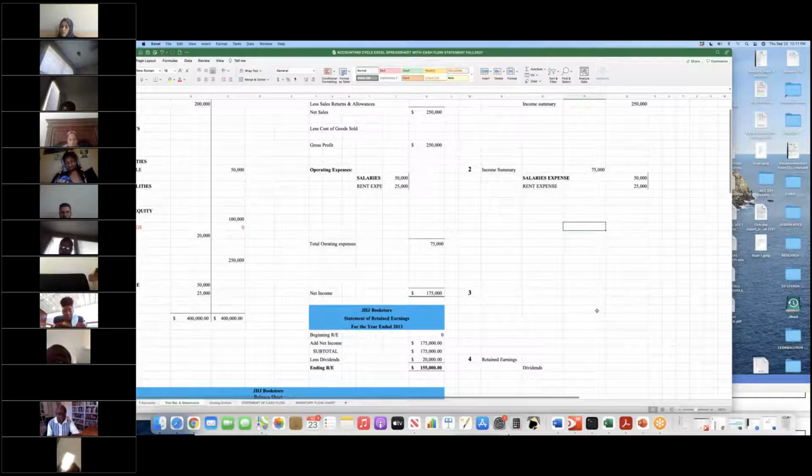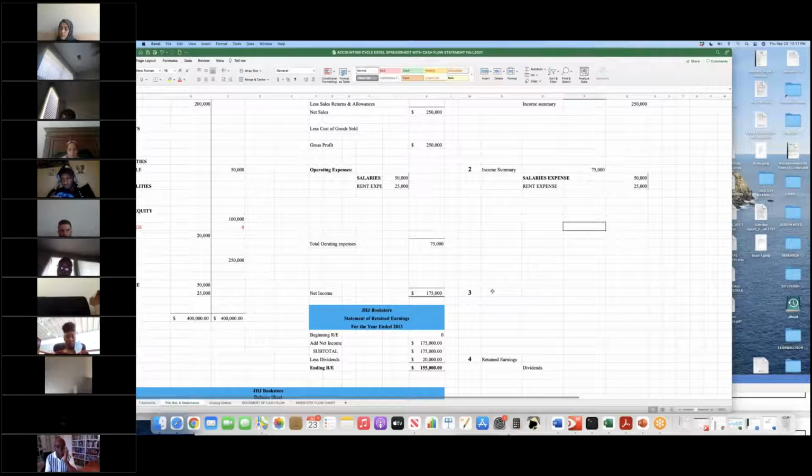Closing entry number 3 always comes from this line, the net income. It could be a loss, but it comes from this line. And in closing entry 3, if it's income, we're going to debit income summary, and we're going to credit retained earnings.